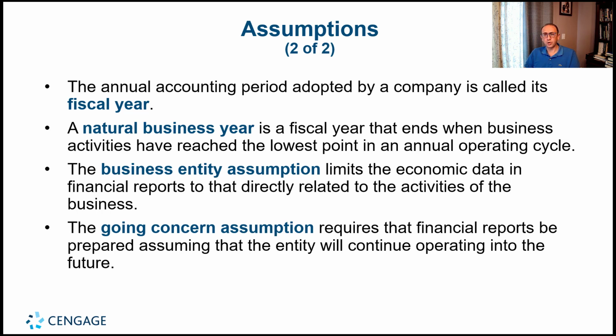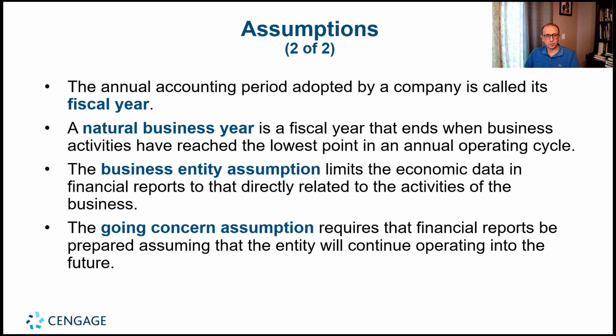For a company like Walmart, the lowest point is right after Christmas. So they have Christmas, the New Year, and then they end their operating cycle on January 31st. So their operating cycle runs from February 1st till January 31st. That's what we call the natural business year.